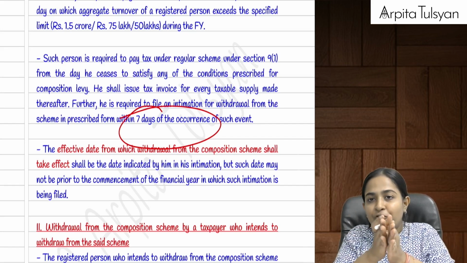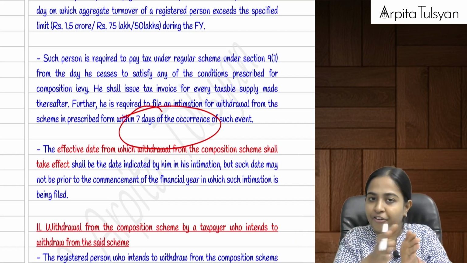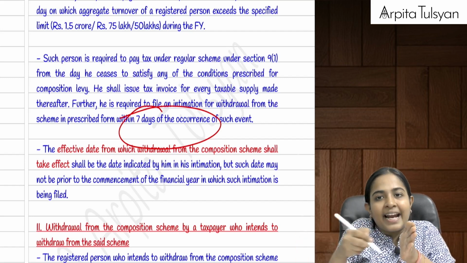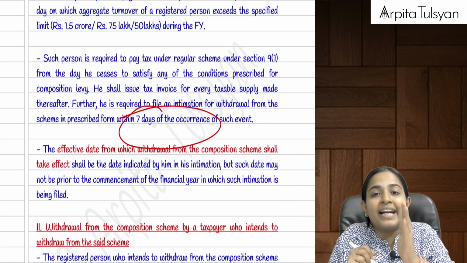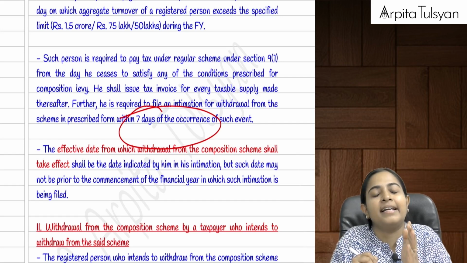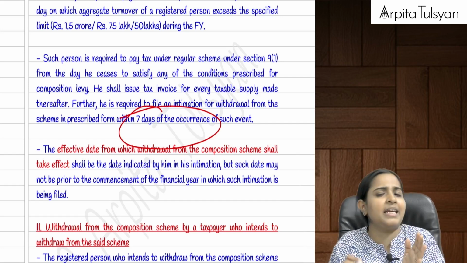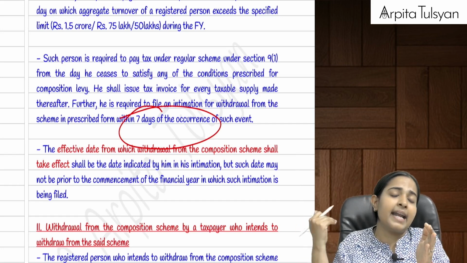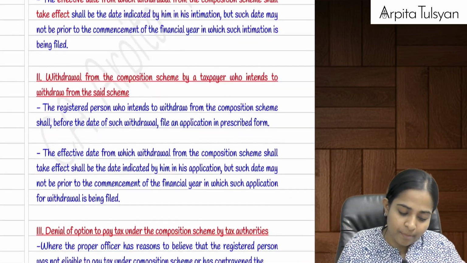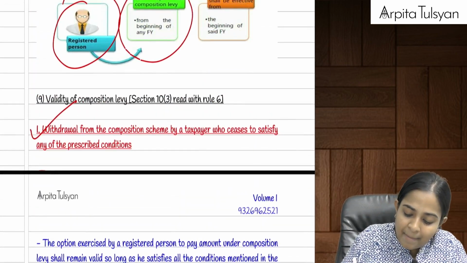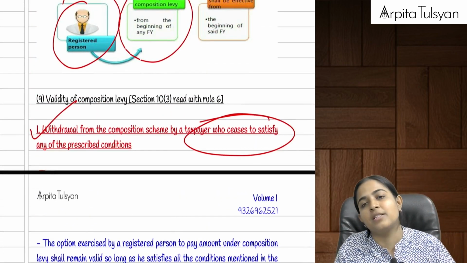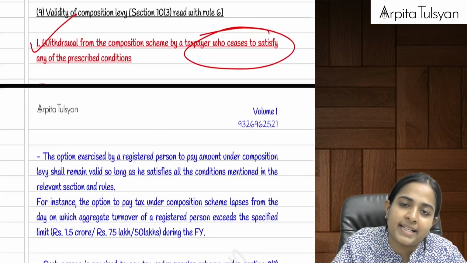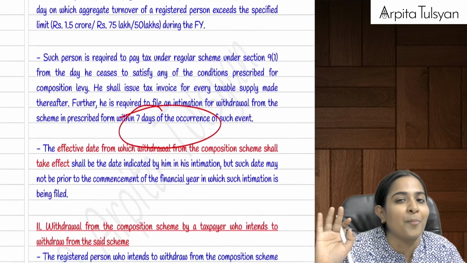So I will have to file it within 7 days of 1st August. But what date will I write in that intimation? I will write 1st August as the date, that from this day my turnover has exceeded and now I wish to go under the normal scheme. So here my conditions of 1.5 crore etc. have been exceeded, therefore I have to leave the composition scheme.